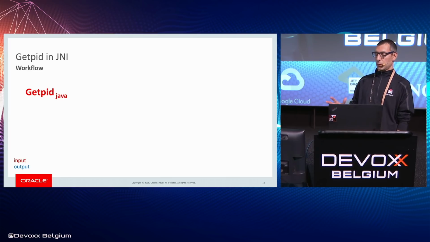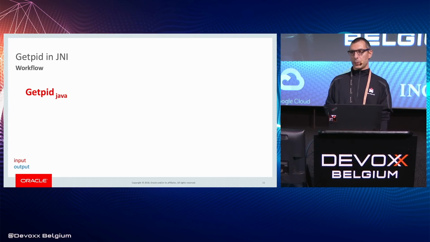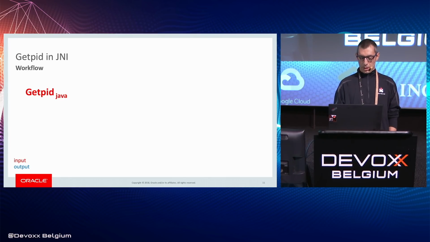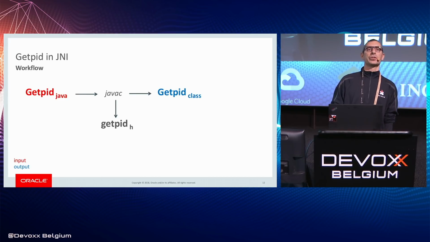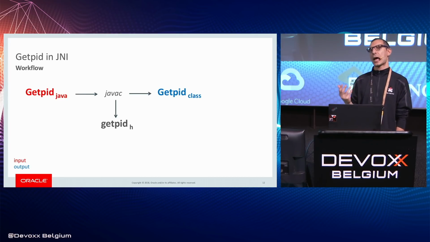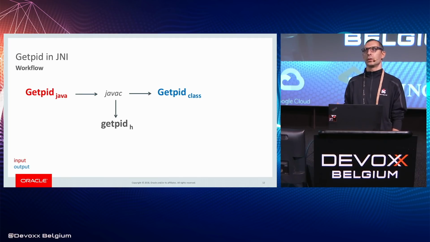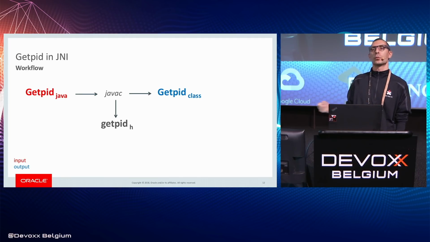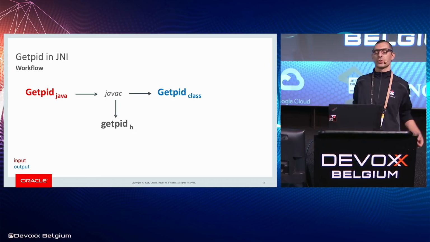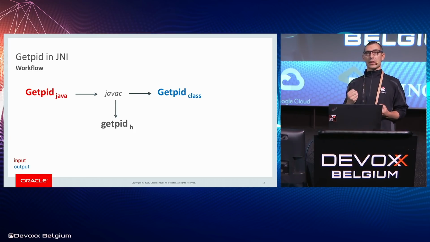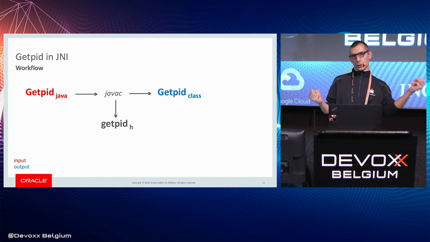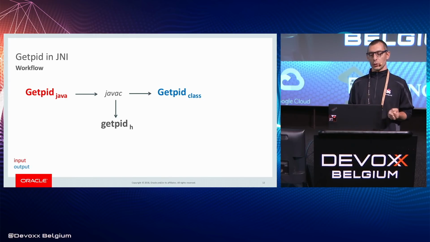So if we look at the workflow, we start with the getPid Java class, and we compile it with javac, but we have to provide an extra flag called -h. It used to be called javah. It was a separate tool. Now it's been merged into javac. And what this does is not only generate the class file for your getPid class, but it also generates a header file. What do you do with the header file?